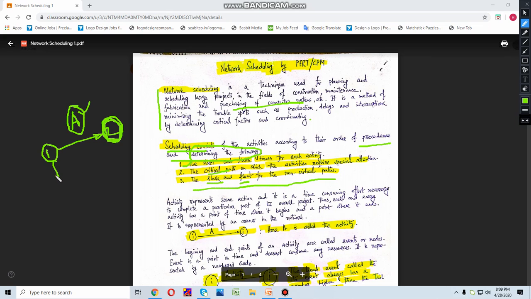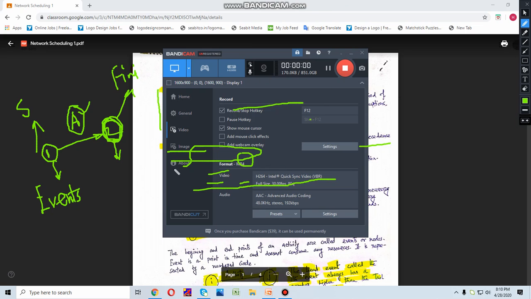So what do we call these two things? They are called events. From event number 1, the whole activity is starting, so it is called the starting event, S. And this is the finishing event.